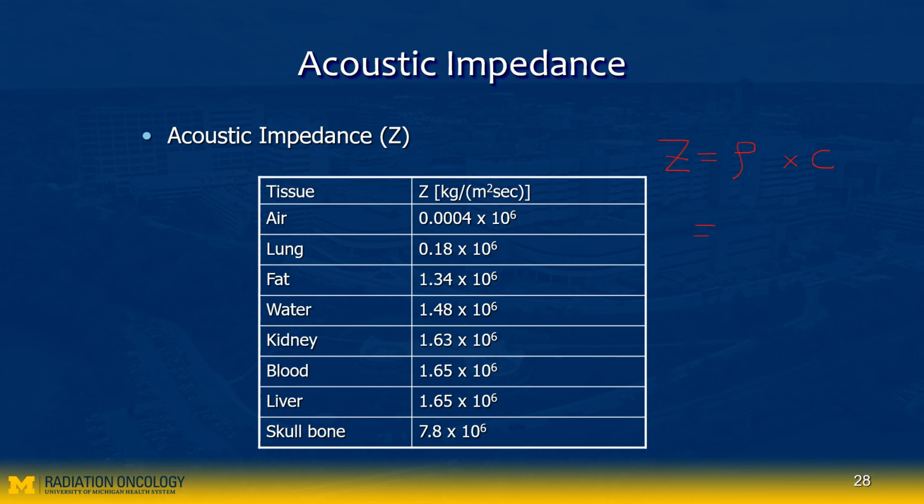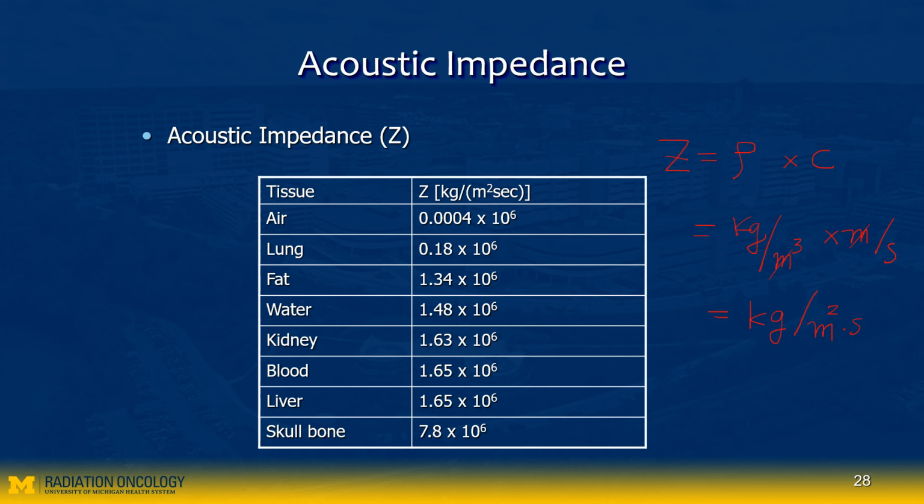What is the unit for density? Kilograms per cubic meter, right? Times meters per second. So that gives this interesting unit for acoustic impedance. Some terms will cancel out, and you'll have this, and then seconds.